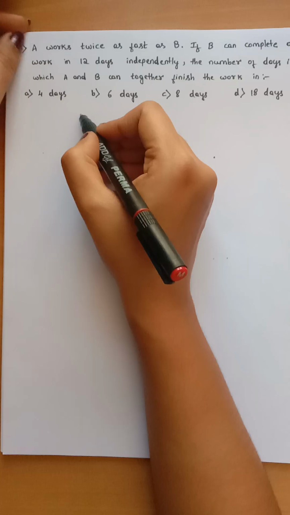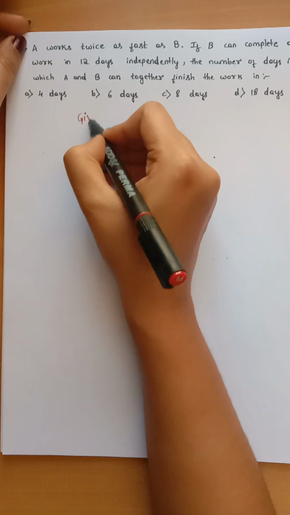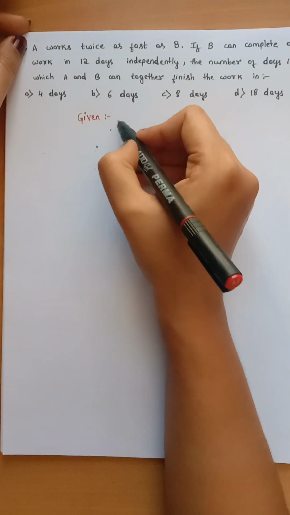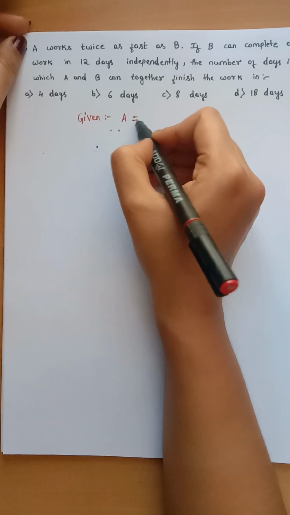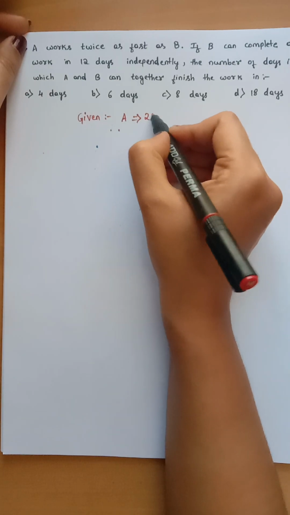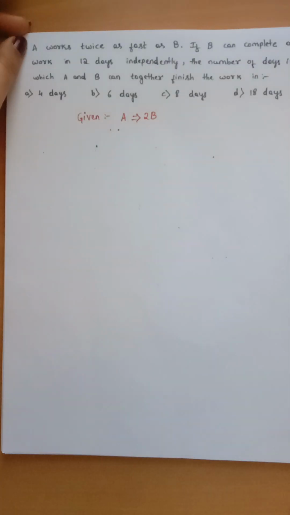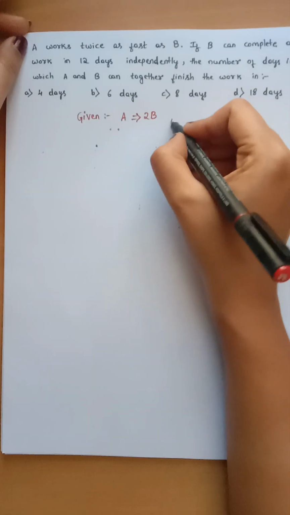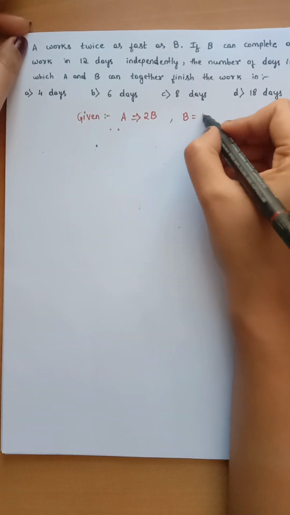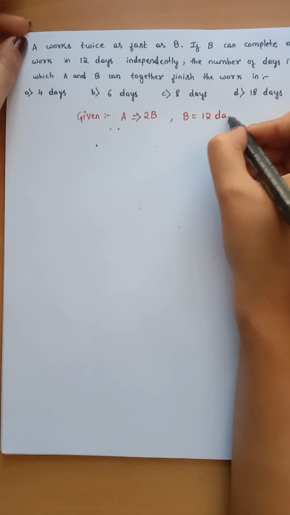Let's note down the given values. A is twice as B and B takes 12 days to complete the task.